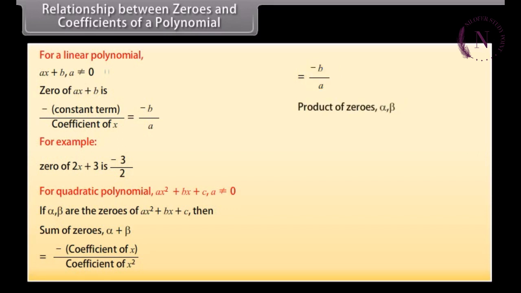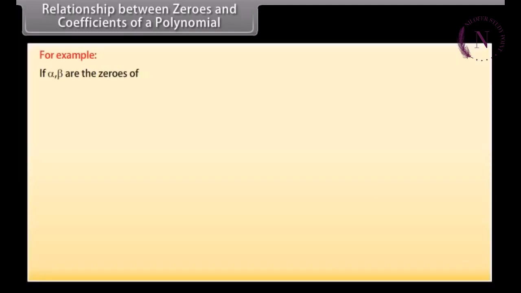Product of zeros, alpha beta, is equal to constant term upon coefficient of x square, which is c/a. For example, if alpha, beta are the zeros of 2x² + 3x + 2, then alpha + beta = -3/2, alpha beta = 2/2, which equals 1.